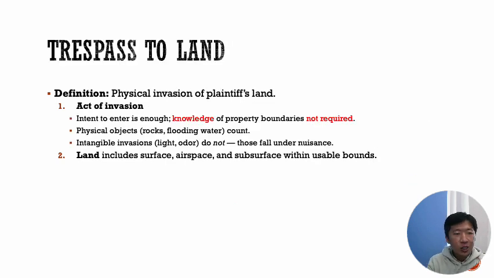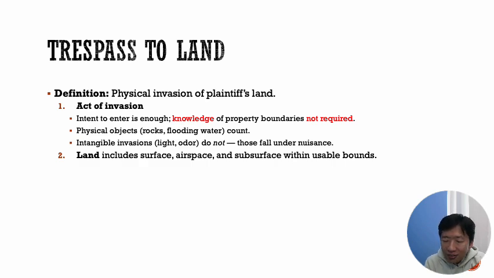Next one is trespass to land. This one is a very common violation in our daily life because accidentally we're probably going to trespass on a person's land. The definition of trespass to land is the physical invasion of plaintiff's land. Two elements. The first one, active invasion.